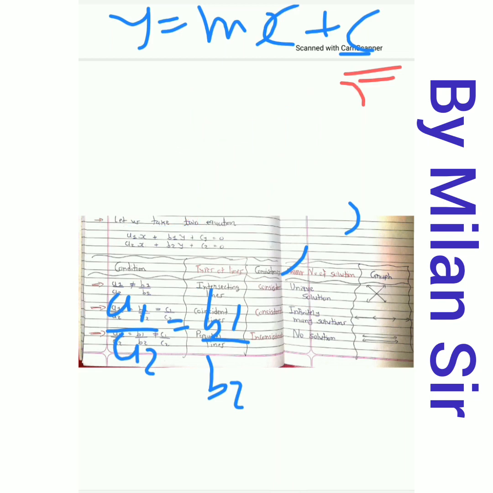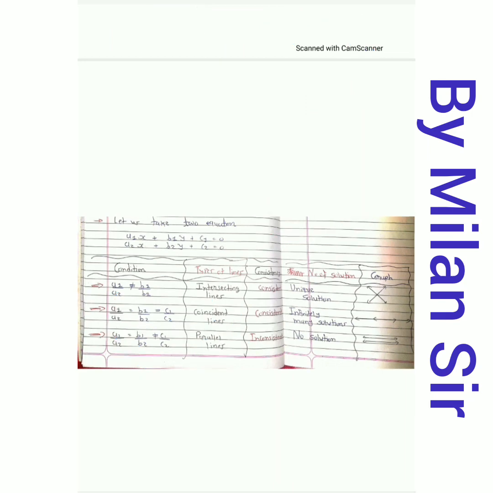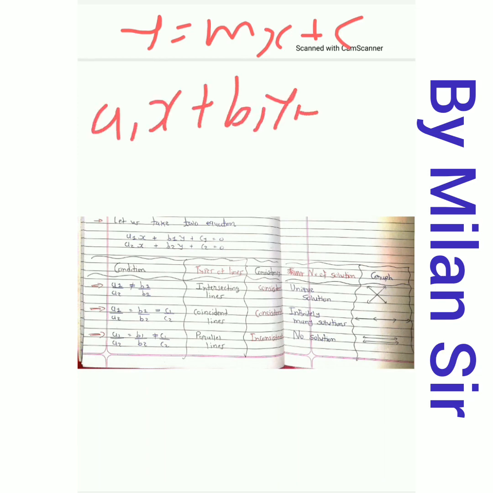But which standard form do we use here? It is a1x plus b1y plus c1 is equal to 0. Here, how can we get the form y is equal to mx plus c? Here we have written the standard form, a1x plus b1y plus c1 is equal to 0.